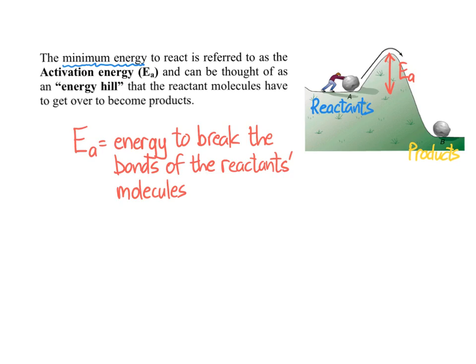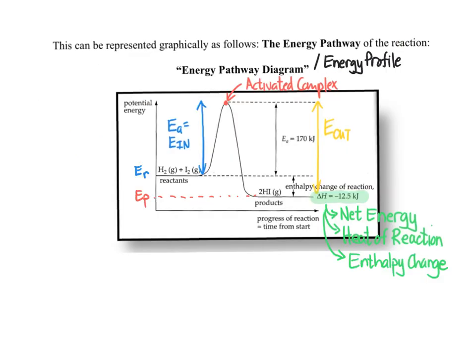And depending upon the type of reaction, on the type of reactants, that will determine how big or how small the activation energy is. So now, looking at the energy yield diagram in more detail, we refer to the official name of these types of graphs or diagrams as the energy pathway diagram or the energy profile diagram.